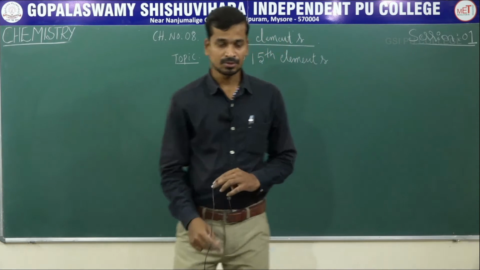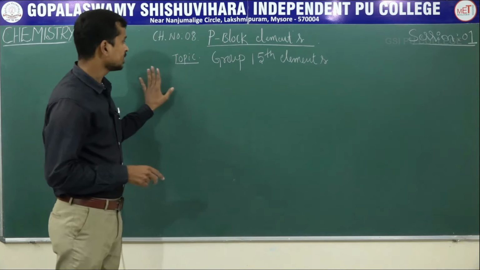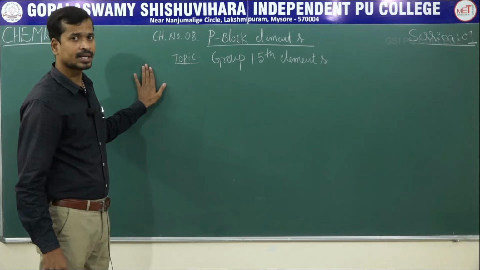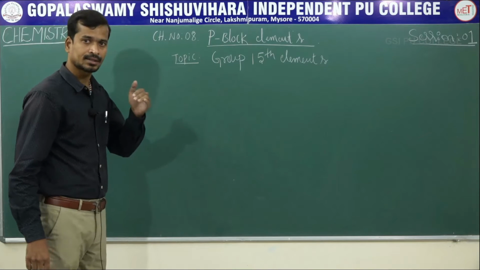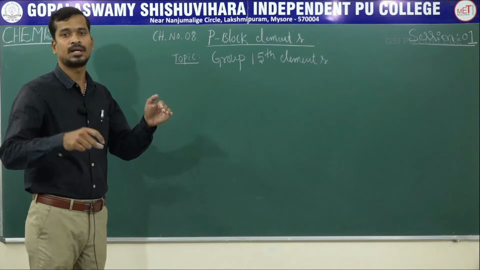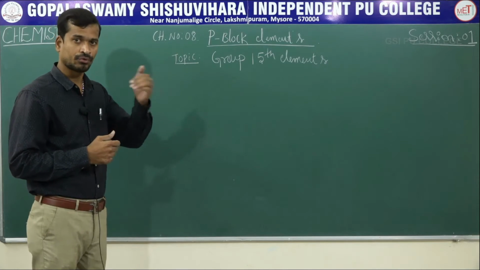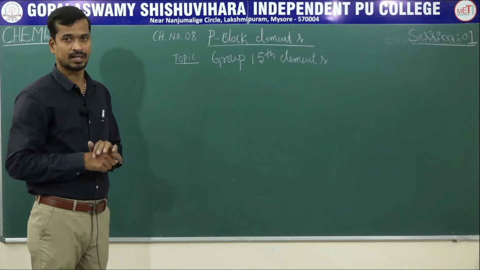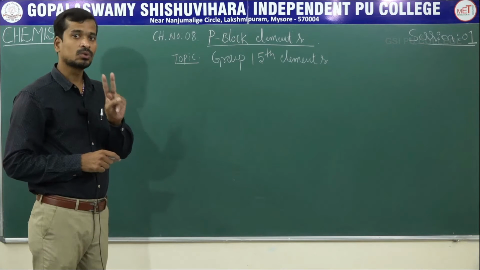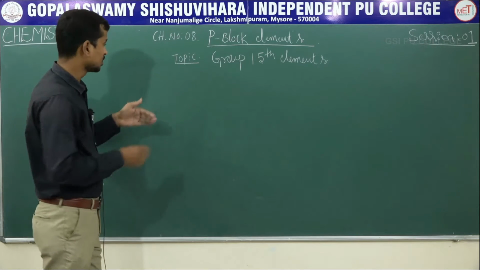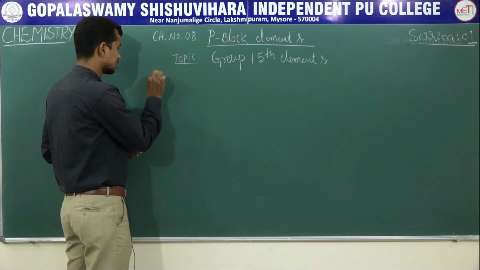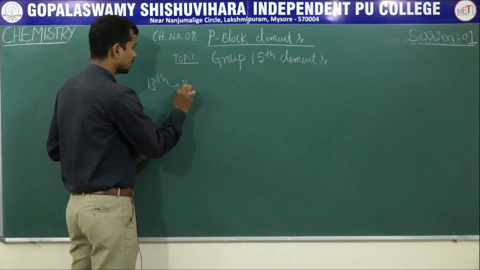Before starting the first chapter, you have to study in your first PUC P block elements. Group 13th is called the boron family. Group 14th is the carbon family. Clear? You have to study these two groups in your first PUC. Group 13th is called what?